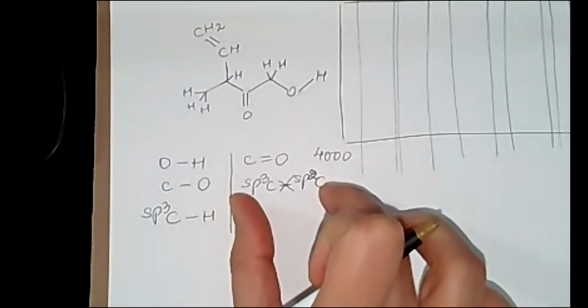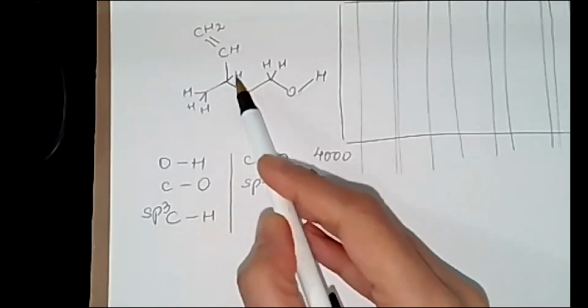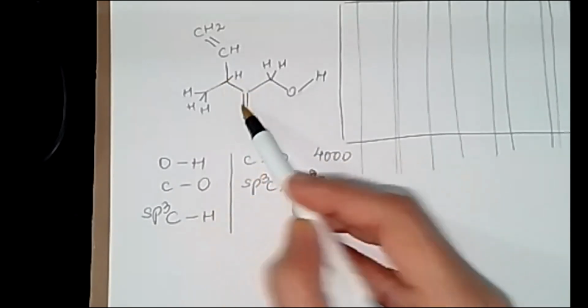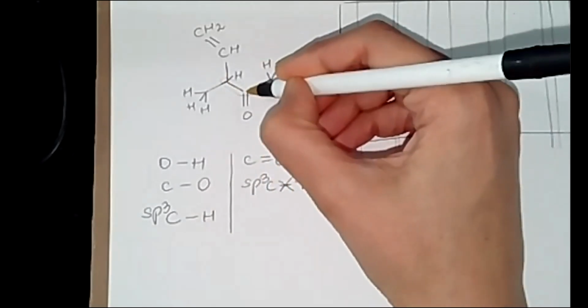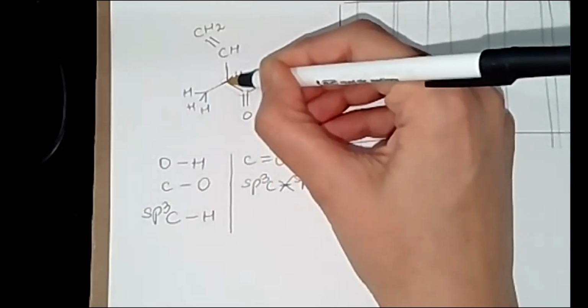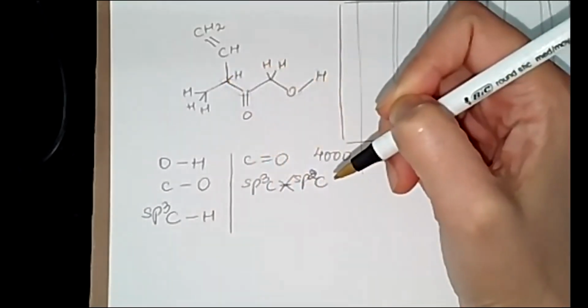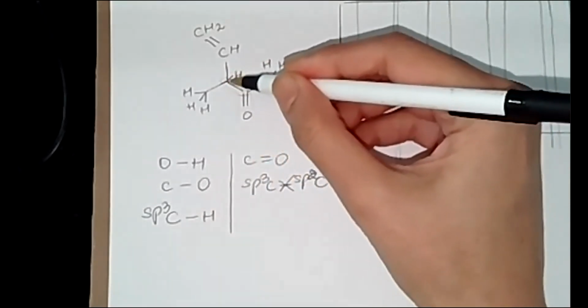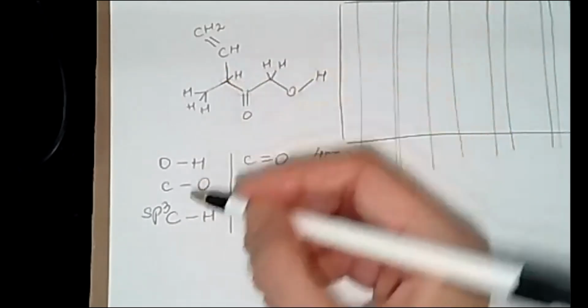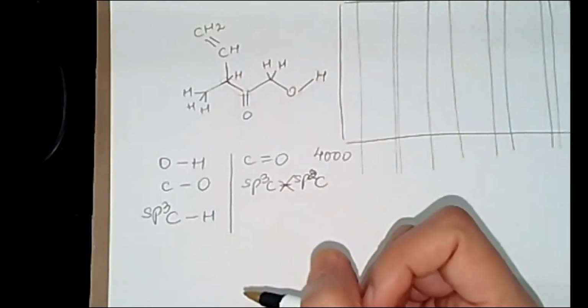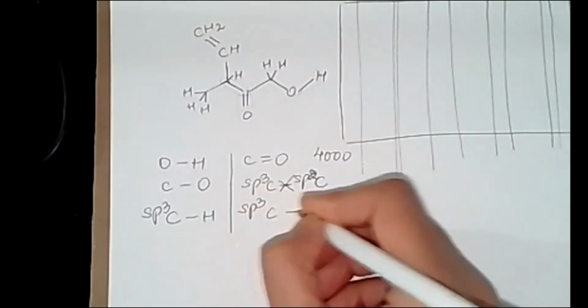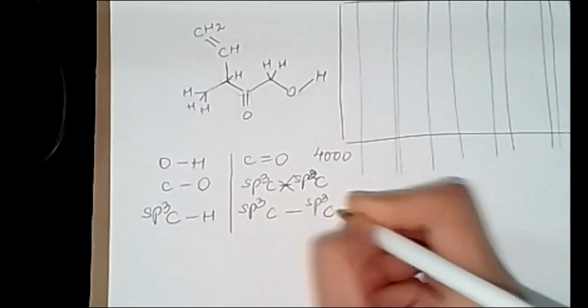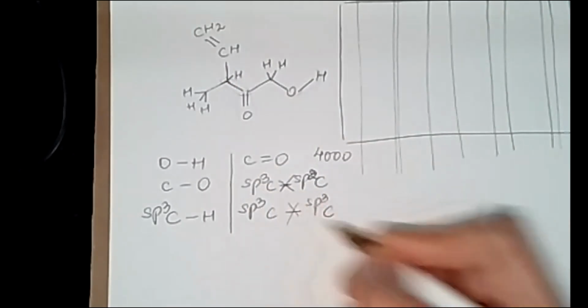But nonetheless, I'm going to write it for this particular example. So I wrote the sp2 carbon and sp3 carbon bond also. I've already listed the sp3 carbon hydrogen. Just for the sake of writing all the bond types, I will write this bond type also.